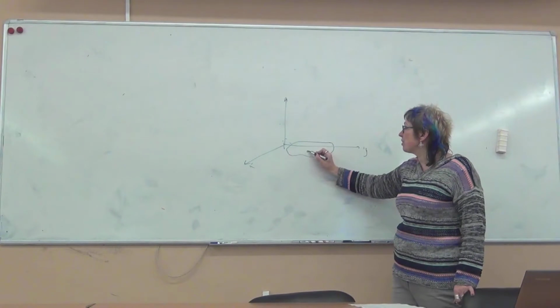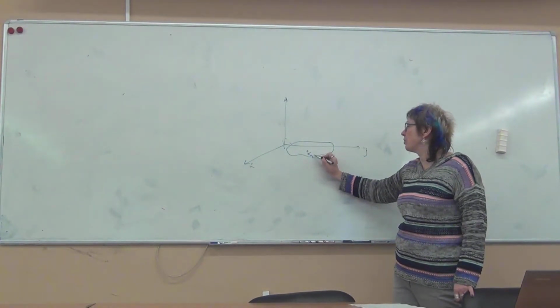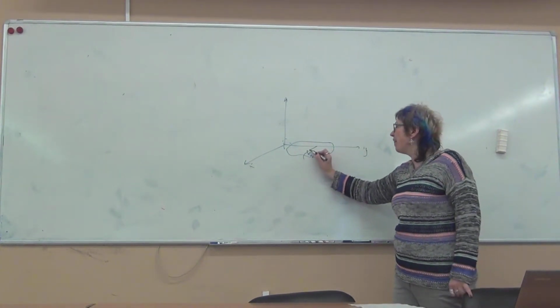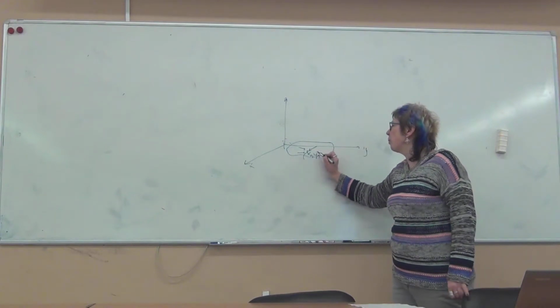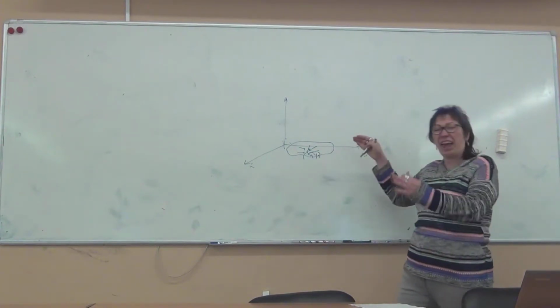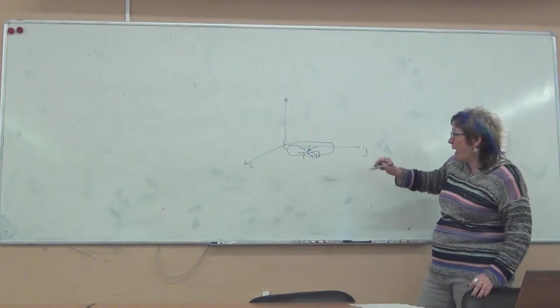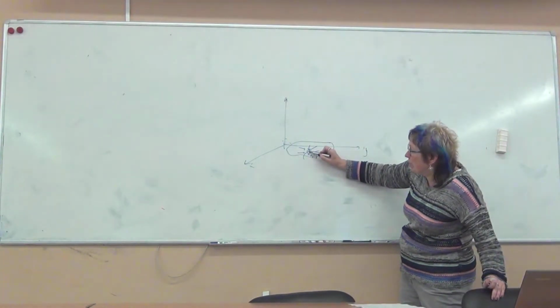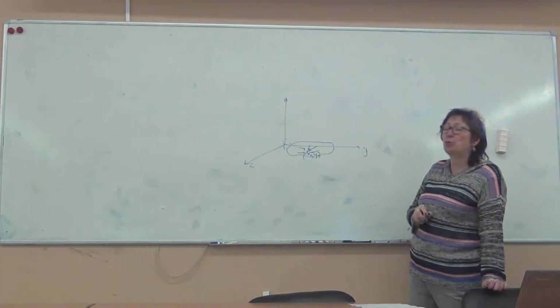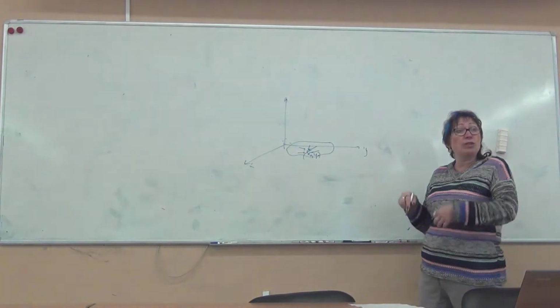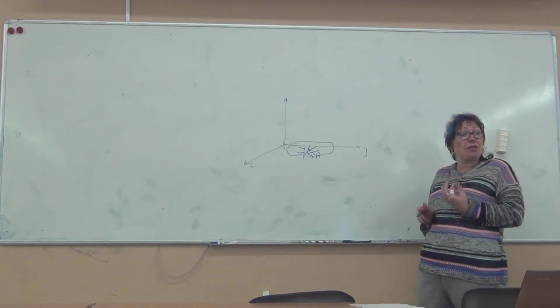In this domain we have a point x0, y0, and let's suppose the independent variables tend to this point. So the x value tends to x0, the y value tends to y0. How do we describe the limit of the function in this case?